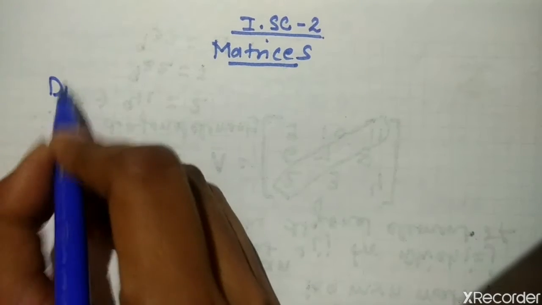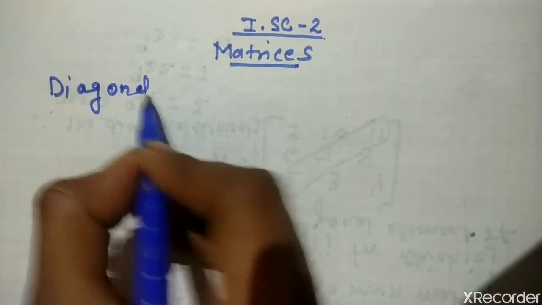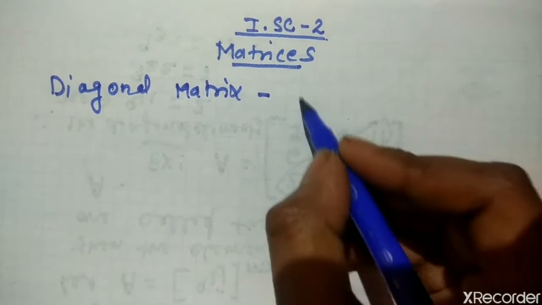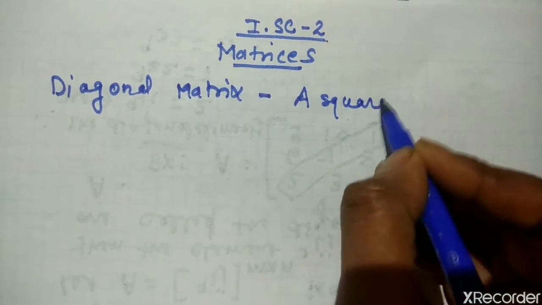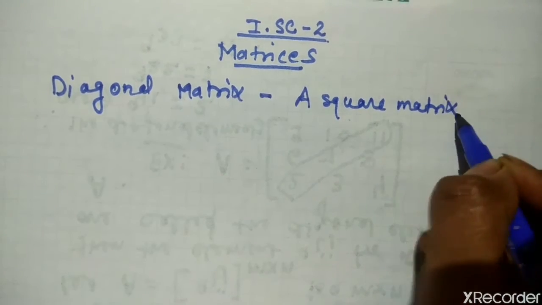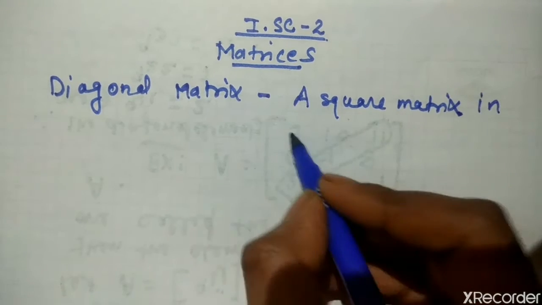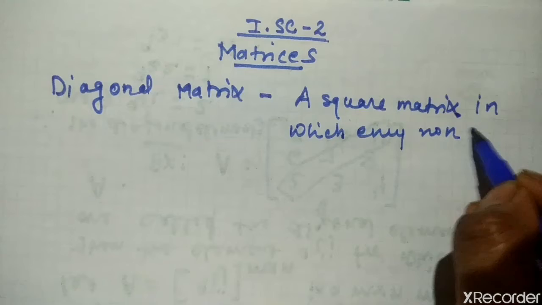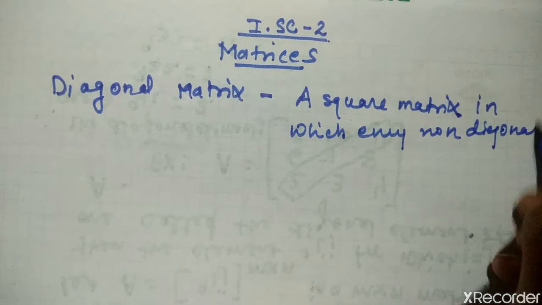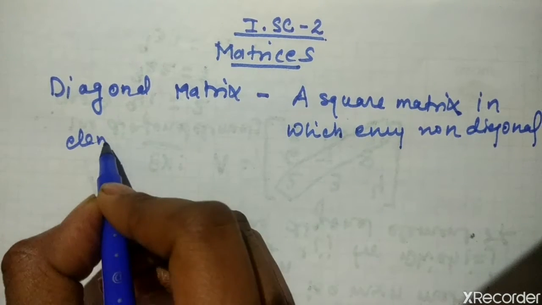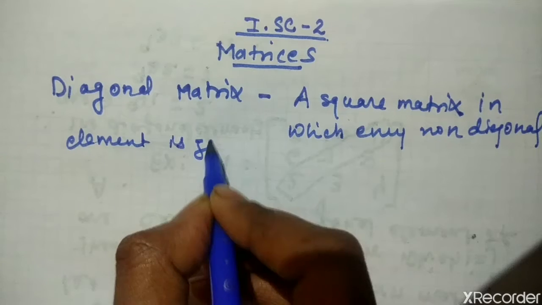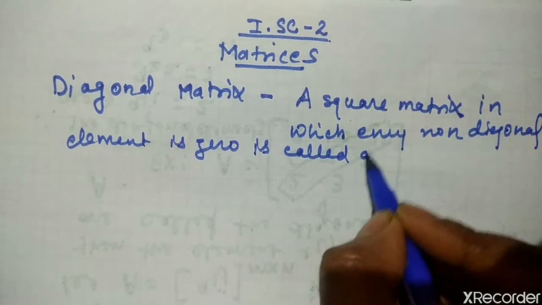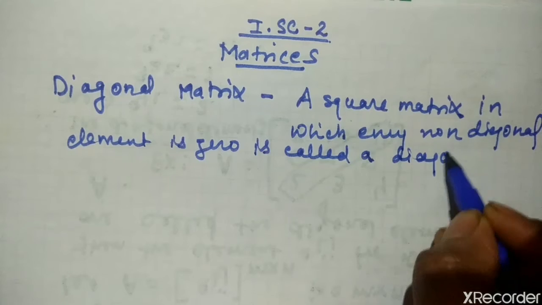So what is a diagonal matrix? A square matrix in which every non-diagonal element is 0 is called a diagonal matrix.